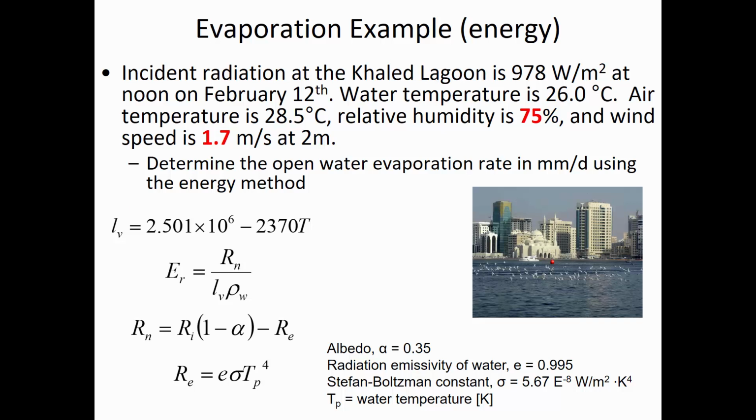So if we put that into the formula for E sub R, E sub R is going to be that net radiation of 183.9 watts per meter squared divided by L sub V. The L sub V here depends on the temperature, so we need to calculate that L sub V. Let's do that.